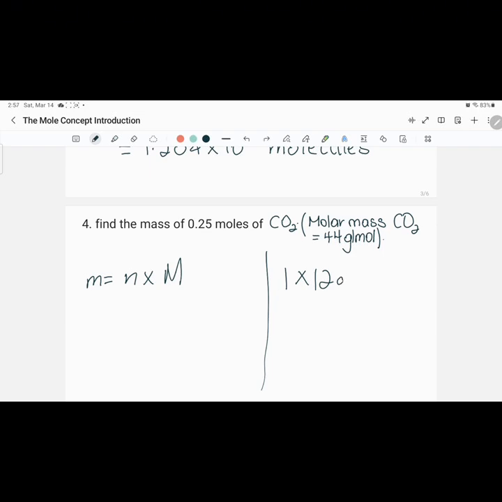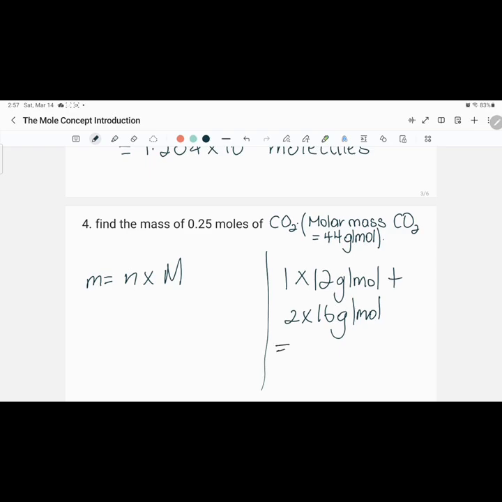let's put in our units to see what we are doing clearly, plus how many oxygen atoms we have, 2 times 16, which is the RAM of oxygen, 16 grams per mole.